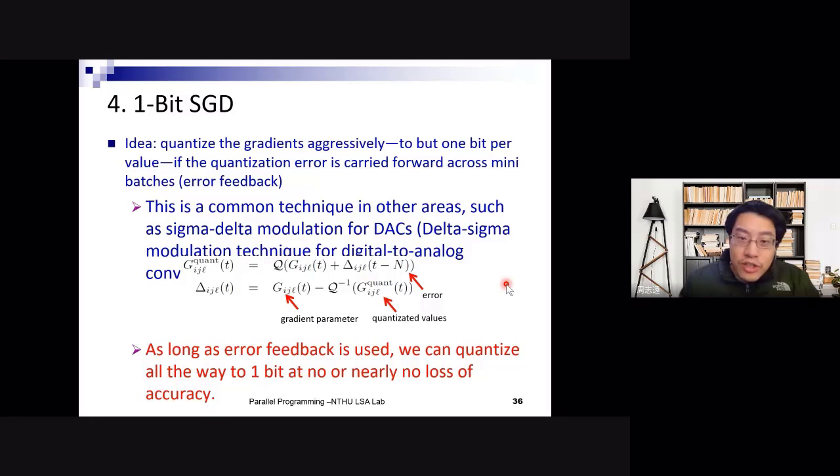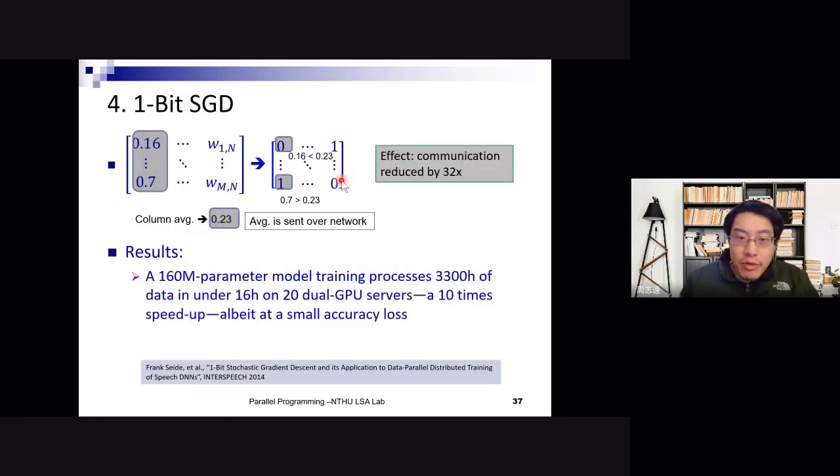This strategy is not just for training; it can also be very helpful for inferencing. Many AI chip designs use this strategy as well in order to reduce the complexity of their chip or reduce the energy consumption of their chip. For the quantization strategy, maybe we can see an example to be more clear.